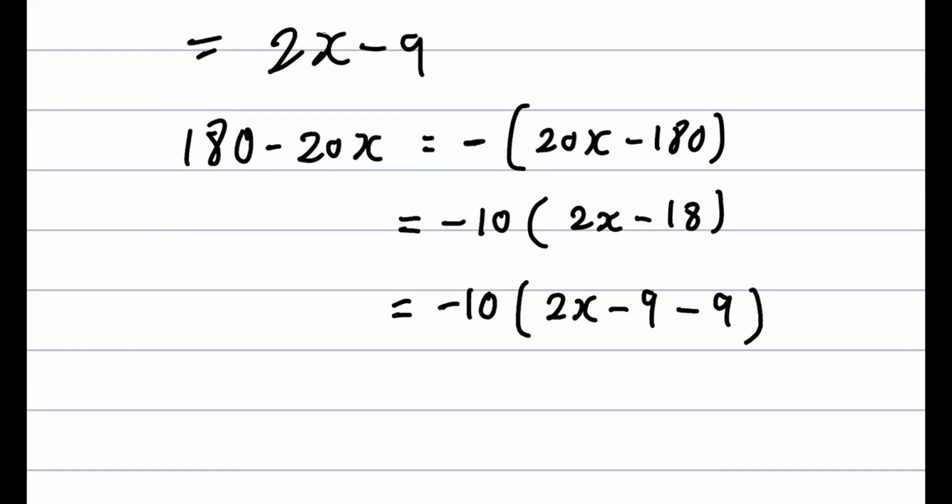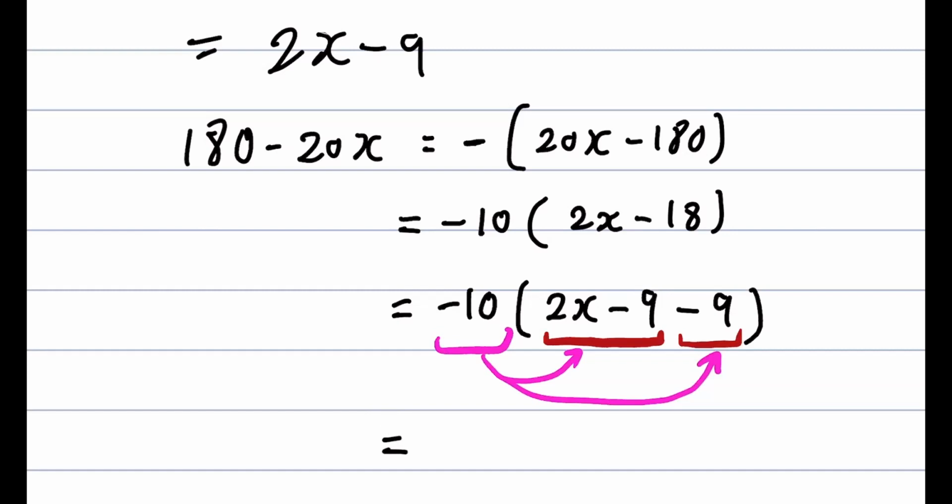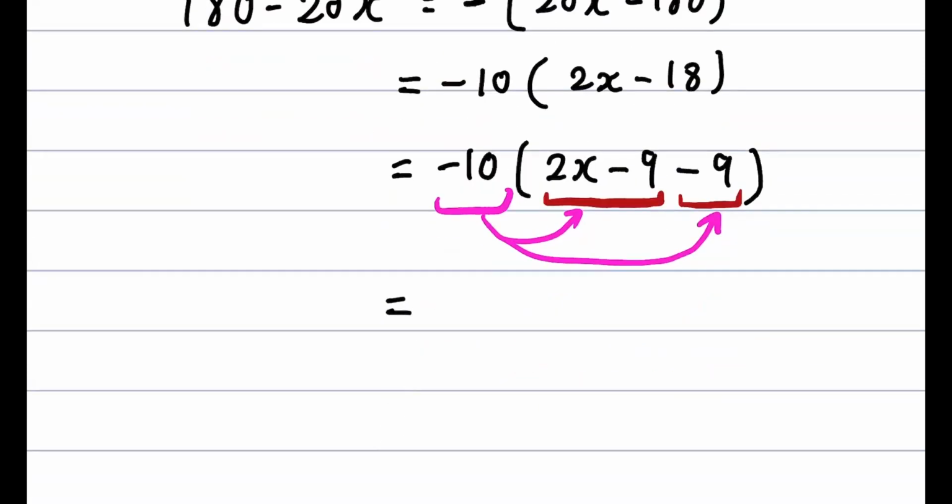Distribute the, so you treat this 2x minus 9 as one lump, treat this negative 9 as a second lump. Then you distribute the negative 10 into the first guy and the second guy. What do you get? Negative 10 bracket 2x minus 9. Don't expand. Then the next one? Negative 10, negative 9.